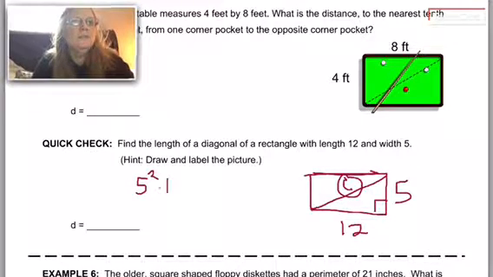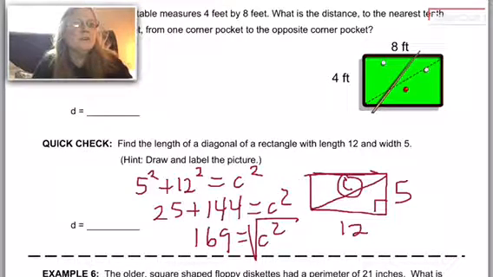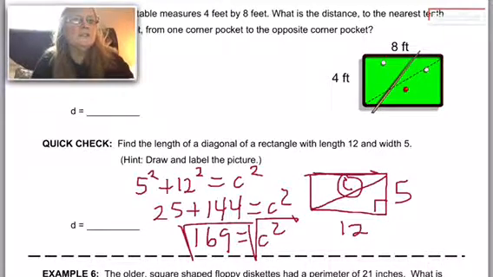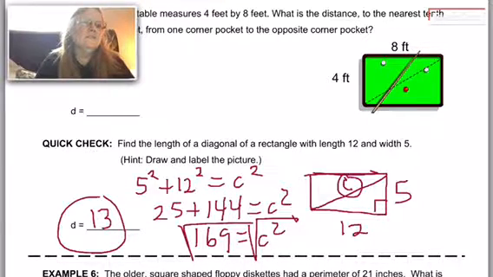So 5 squared plus 12 squared is equal to c squared. 25 plus 144 is equal to c squared. 169 is equal to c squared. So the square root of c squared is c, and the square root of 169 is 13. So the length of the diagonal is 13.